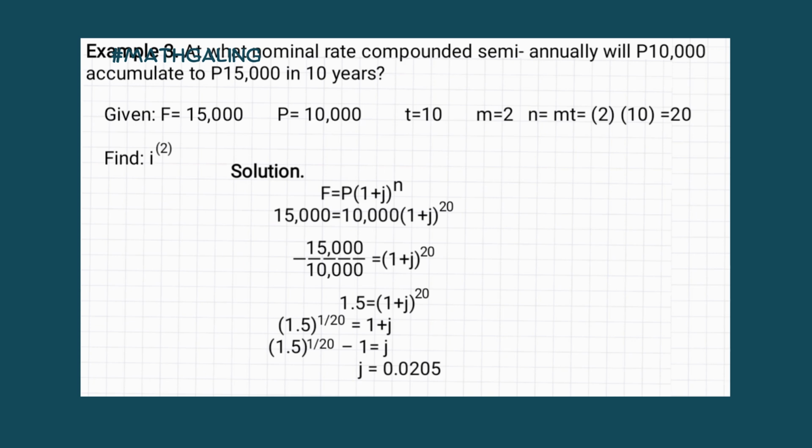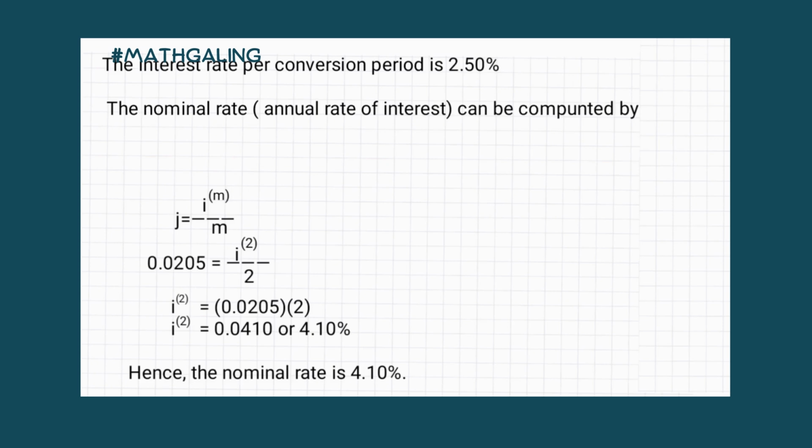So the g is 0.0205. So the interest rate per conversion period is 2.05%.